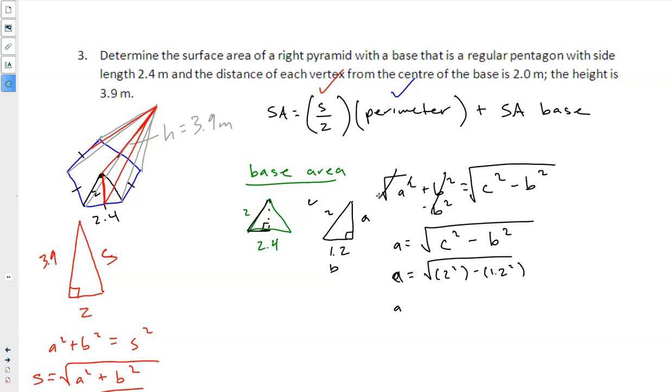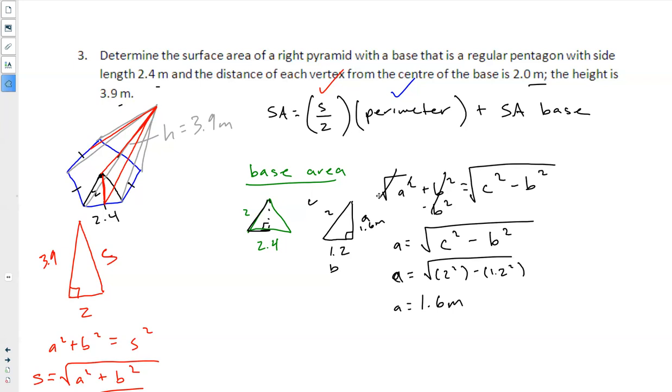Okay. Punch that into your calculator. You will get a slant or perpendicular height here of 1.6. Okay. Please note that everything is in meters here. So it's going to be 1.6 meters will be A. Okay.